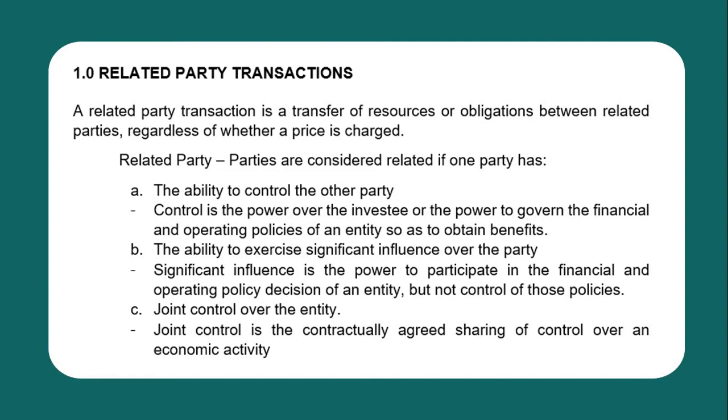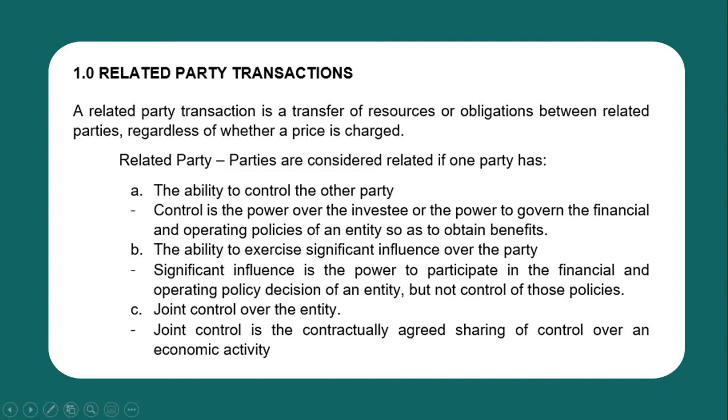So naay significant influence ang entity over the other party. That investor is considered as the associate. Okay? So if you have associates, those associates are considered as related parties.